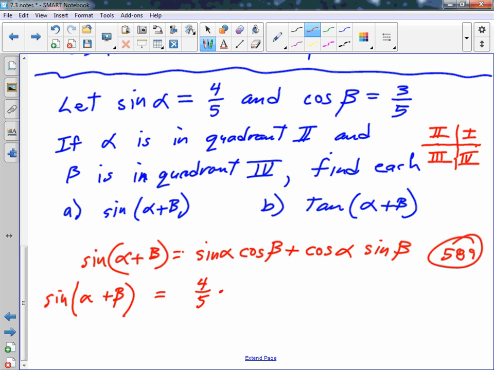Cosine beta is 3/5. Plus, but we don't know cosine alpha. Is this a problem? We don't know cosine alpha. We don't know sine beta, do we? How could we find those?